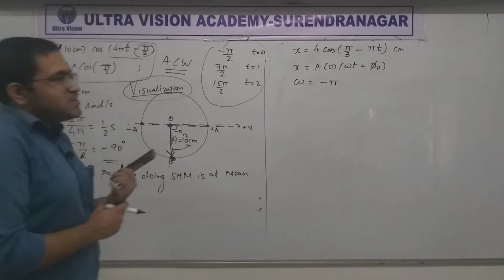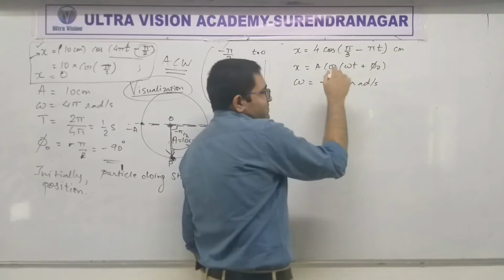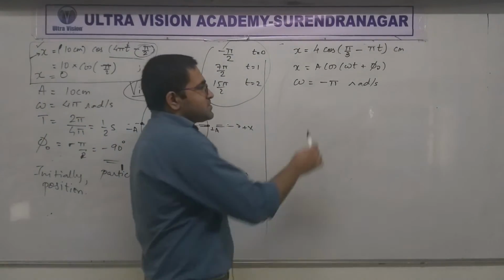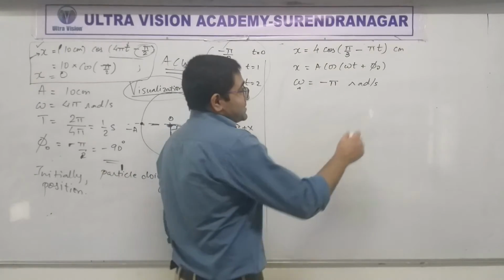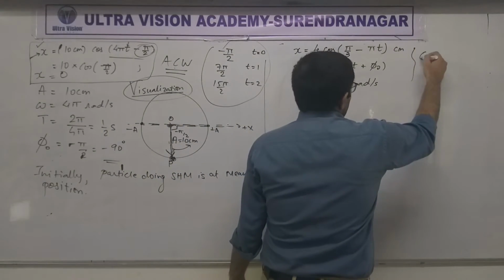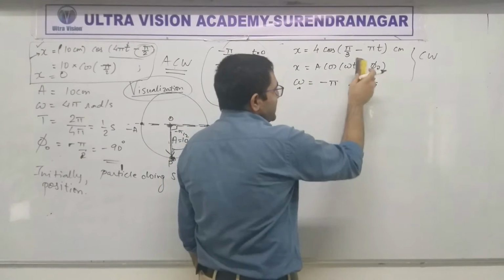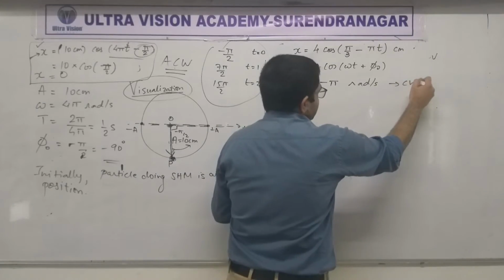This is what makes this phasor or particle turn clockwise instead of anti-clockwise here, because omega is negative. Because omega is negative, that's why it's turning clockwise.